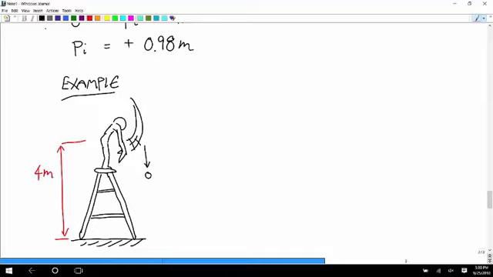And the ball takes 0.4 seconds to hit the ground.